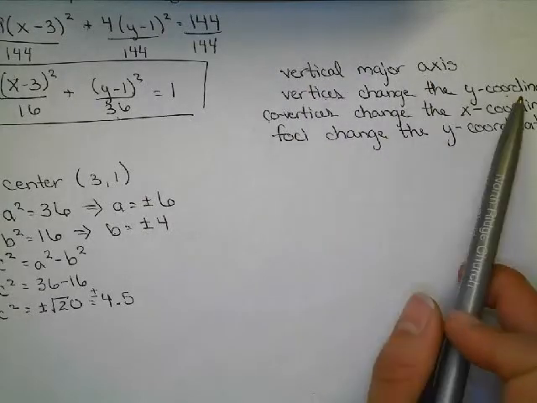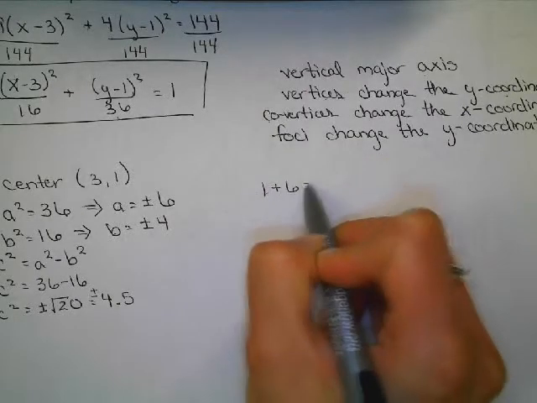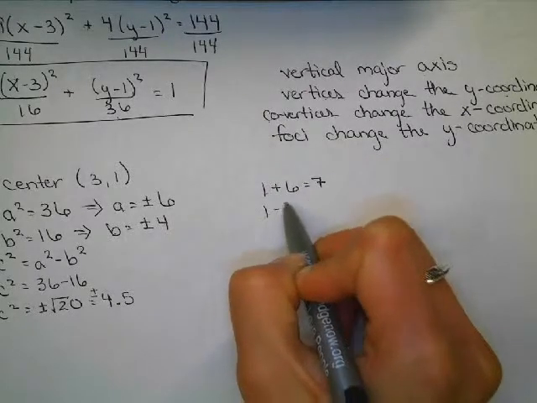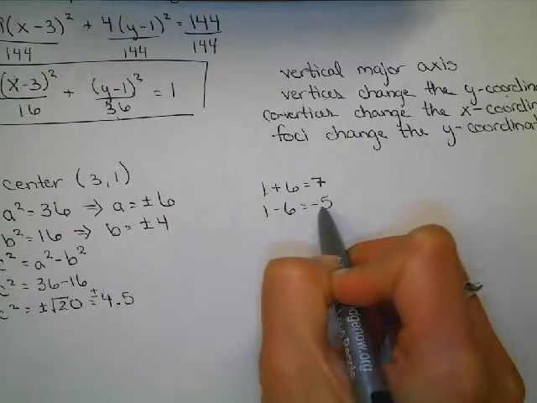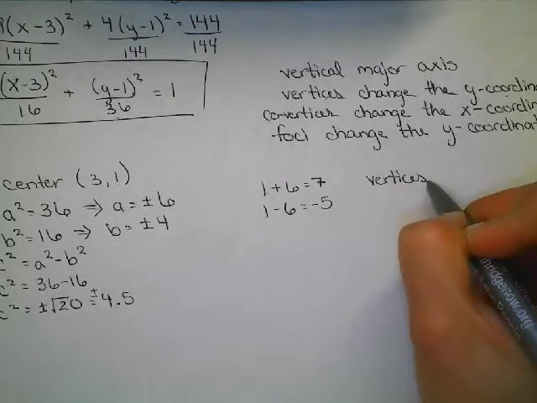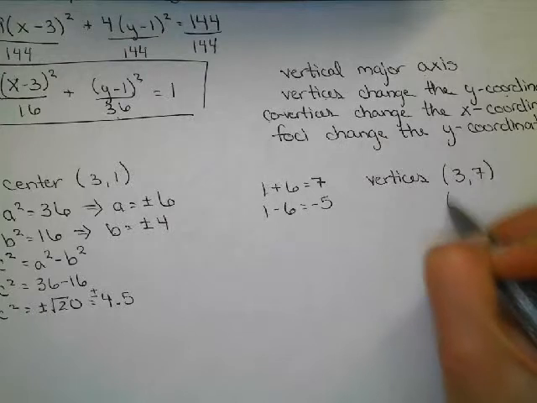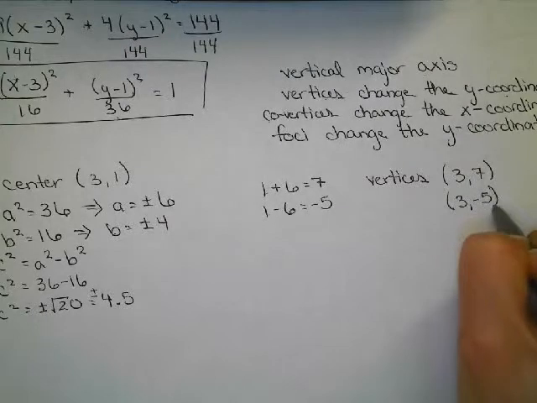So since my center is at 3, 1, I have a vertical major axis, which told us that the vertices change the y coordinate. So that means I'm going to take 1 plus 6 to give me 7, and 1 minus 6, which gives me negative 5. So my vertices, again, change the y, so the x stays the same: 3, comma 7, and 3, comma negative 5.